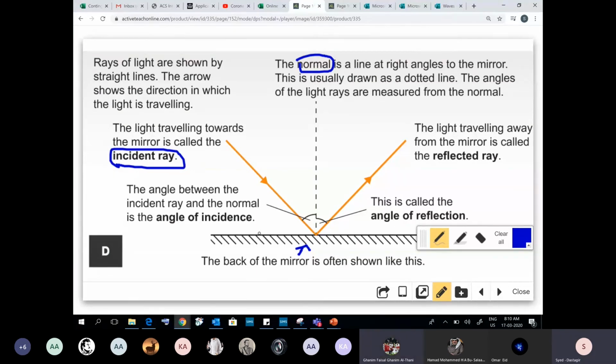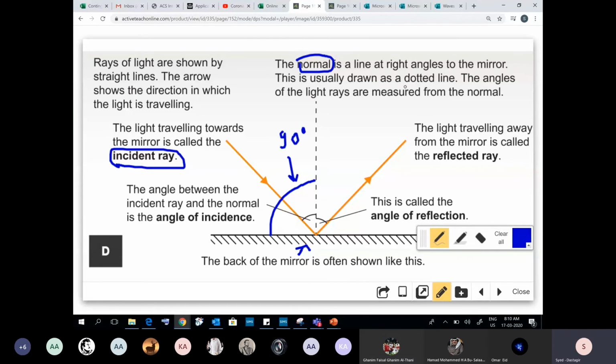So this here. If you imagine the normal, this angle here is a right angle, which you should know from maths, which is what? 90 degrees, yeah? This is a right angle. So the normal is an imaginary line we draw, at right angles to the mirror.